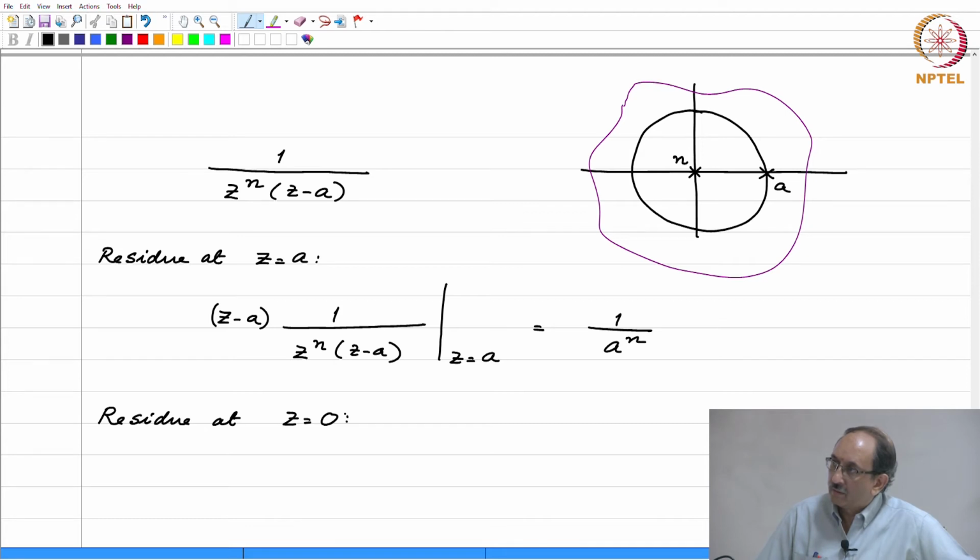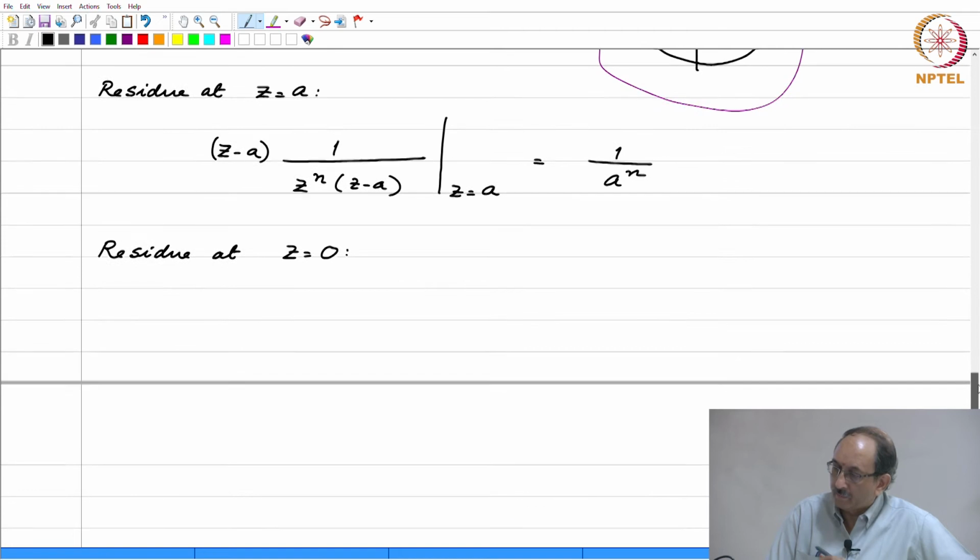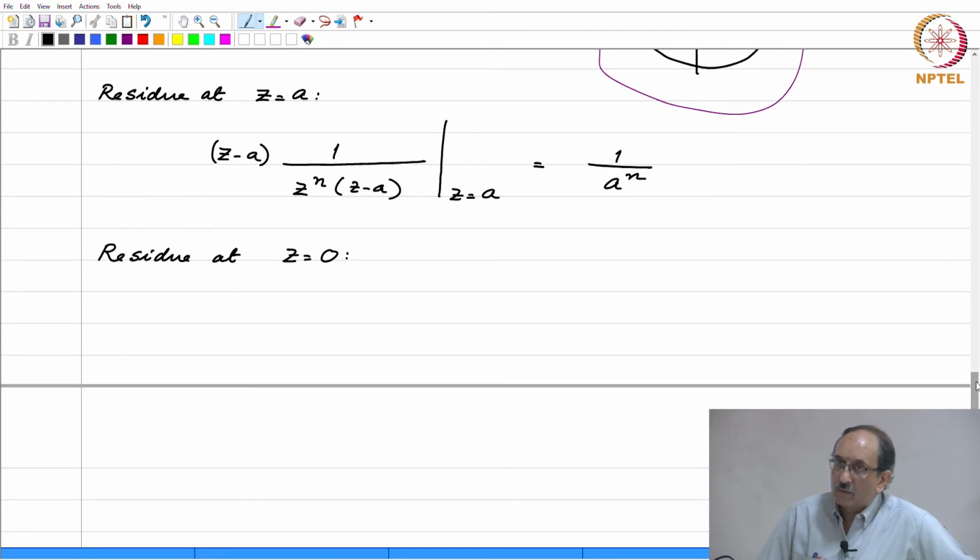Residue at z equal to 0, and now this is no longer a simple pole, it is a multiple pole. Therefore, now you have to apply the formula that was given.